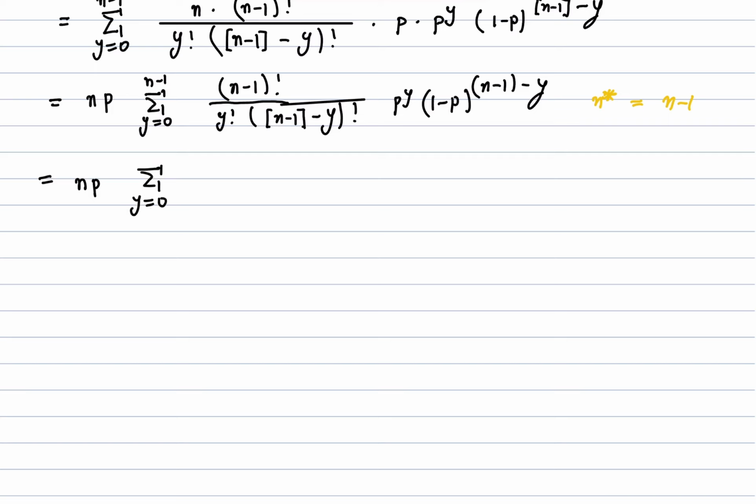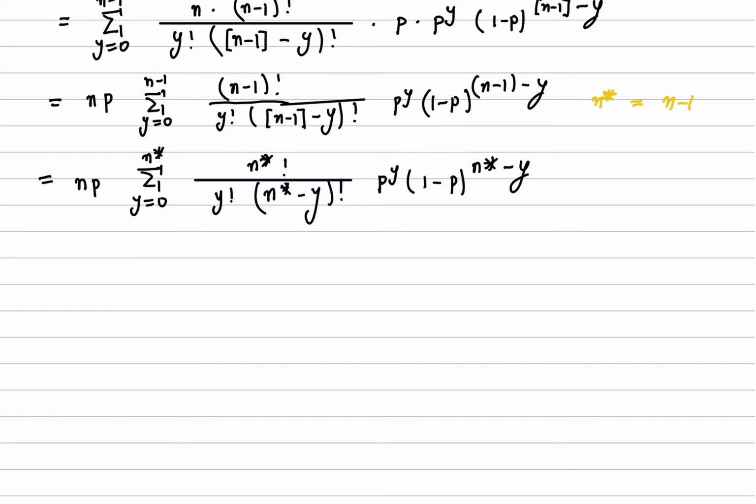Now, n minus 1 is just n star, so n star factorial. Y factorial stays the same. You've got n minus 1 minus y becomes n star minus y factorial. Then you've got p to the y, and then 1 minus p to the n star minus y.